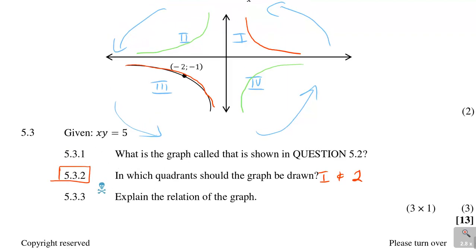Alright, next question says, explain the relation of the graph. Now, you must always know the relationship of a hyperbola graph is when x increases, y decreases. That's the relationship there. Or vice versa, when y increases, x decreases.